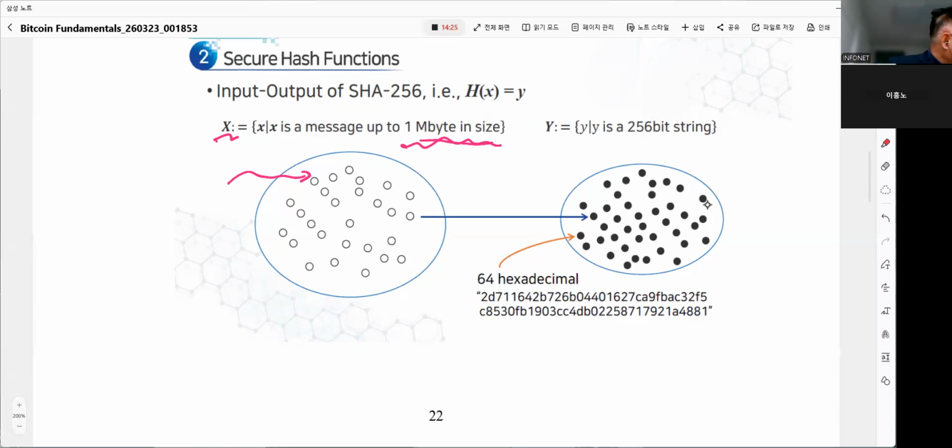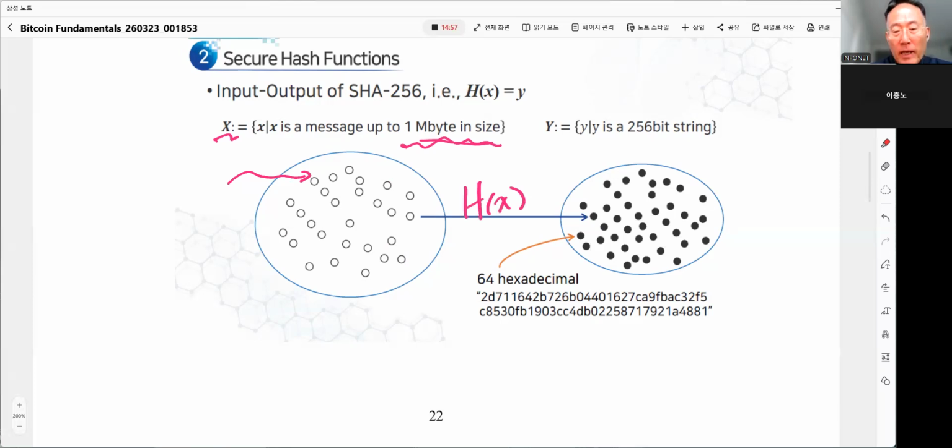One dot is one file. So you take one file out of this many, and put it as an input to the hash function.